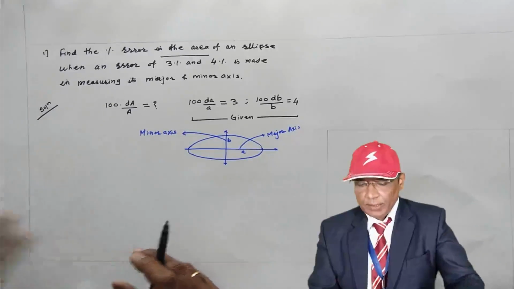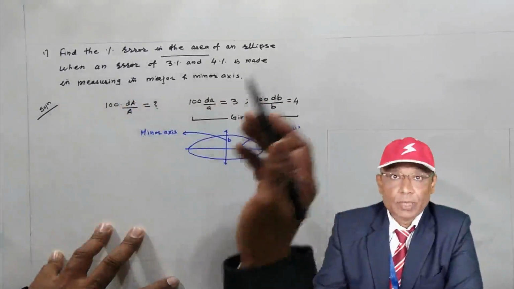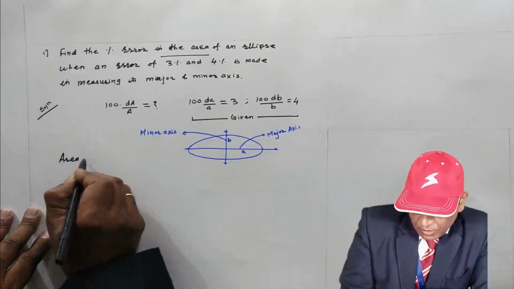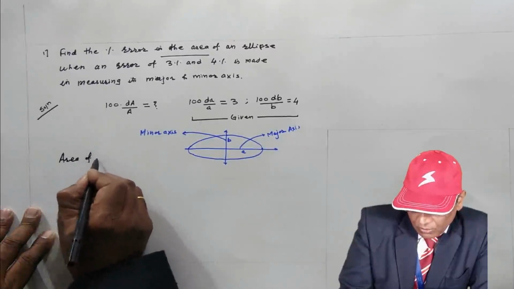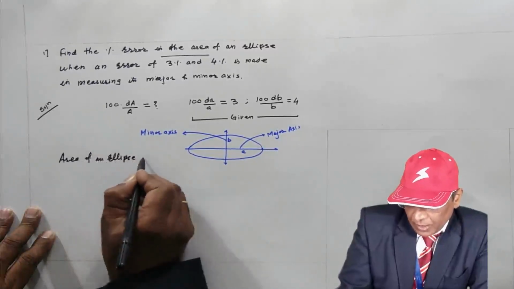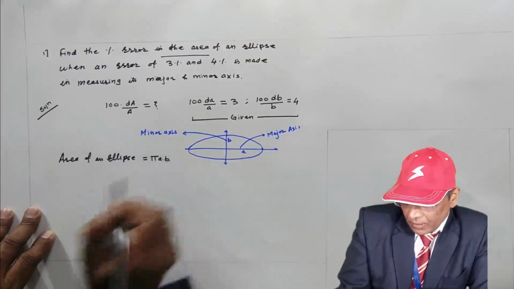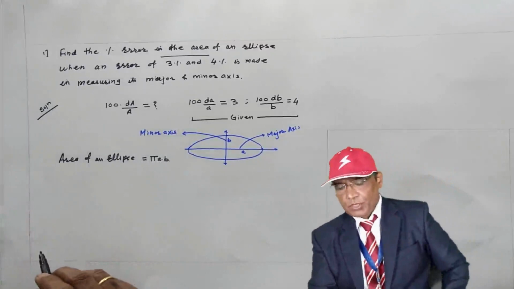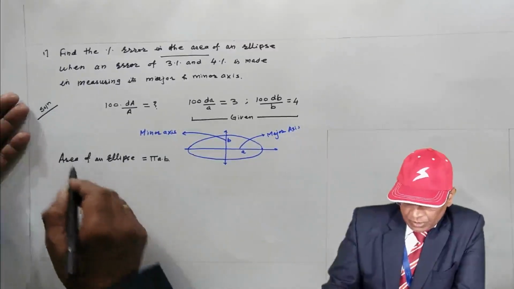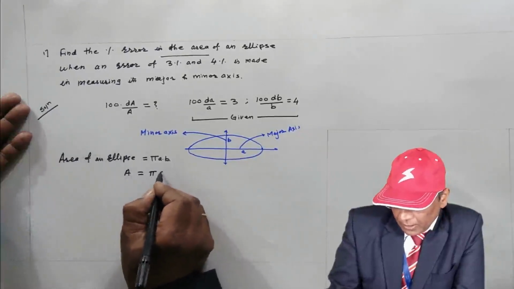What we have to find here is the percentage error in the area of the ellipse. What is the area of an ellipse? It is pi multiplied by a into b, where a is the major axis and b is the minor axis. This area of the ellipse I am denoting by A, equal to pi a b.